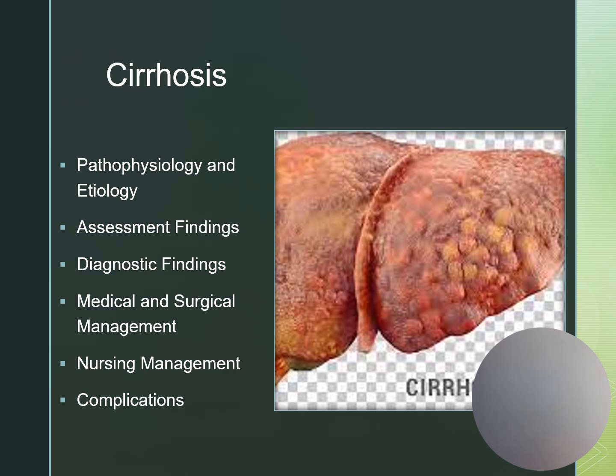Alcoholic is going to be the most common, and it's caused by chronic alcohol intake or poisoning or ingestion of hepatotoxic drugs, such as acetaminophen. Post-necrotic cirrhosis is the destruction of the liver cells secondary to an infection, disease, or exposure, once again, to hepatotoxins.